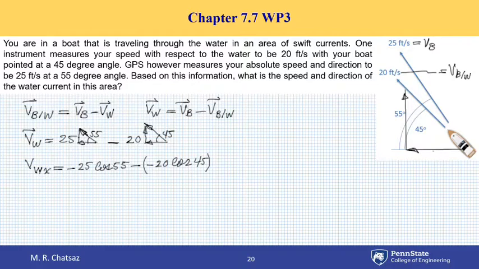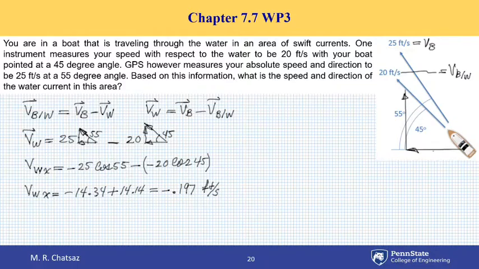Okay, so continuing with numerical values, this x component is going to be minus 14.34 plus 14.14, which gives me a final value of minus 0.197 feet per second.